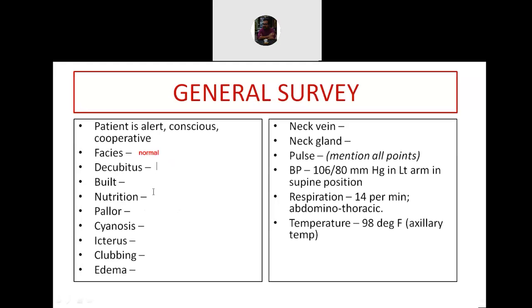So this is a pretty simple pathophysiology, and this is what happens when the aortic valve becomes narrow. We will now try to find out the clinical signs and symptoms that can arise because of this pathophysiology. Is this pathophysiology clear to everyone?